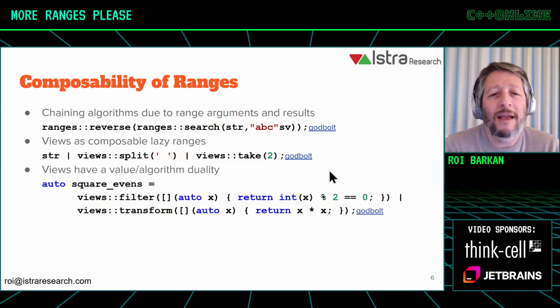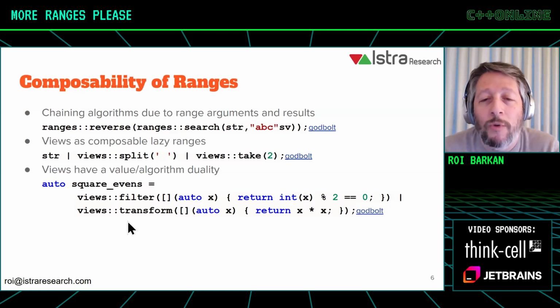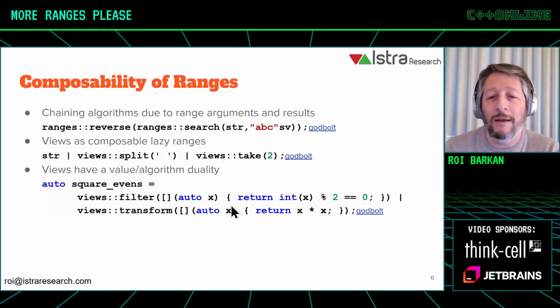And this ease of use makes it so that we can take these algorithms and range adapters and create our own vocabulary, our own dictionary of algorithms that we can use, even if they're not part of the standard library. So in this example, I'm taking two words of the C++20 dictionary, the filter and transform range adapters, where filter is the term used to take a range of elements and just pick specific ones out of them, the ones that match some predicate.